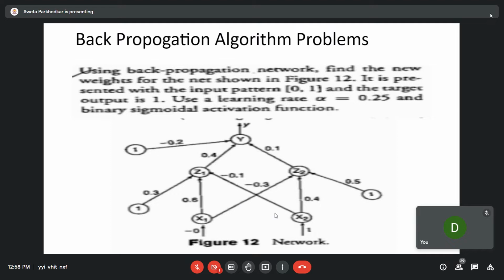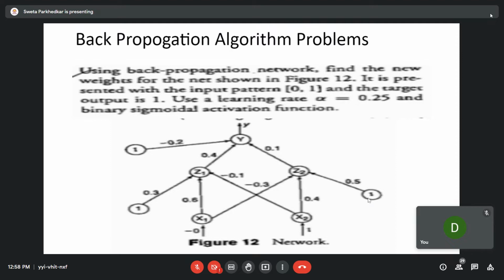Then V21 क्या होगा? It is minus 0.1, and this is bias network, that is B0. So it's V01. V01 is 0.3. So you need to write down the initial weight that is presented to the hidden network Z1. Then hidden network Z2 के लिए initial weights क्या है?